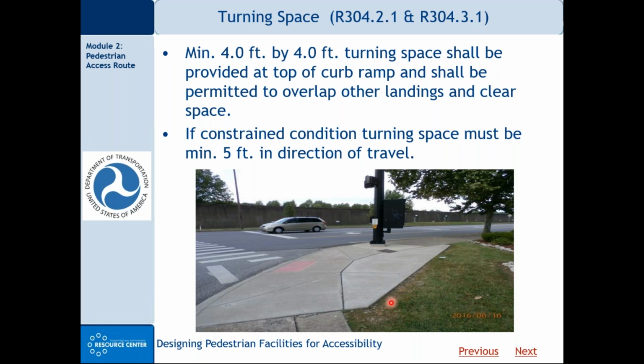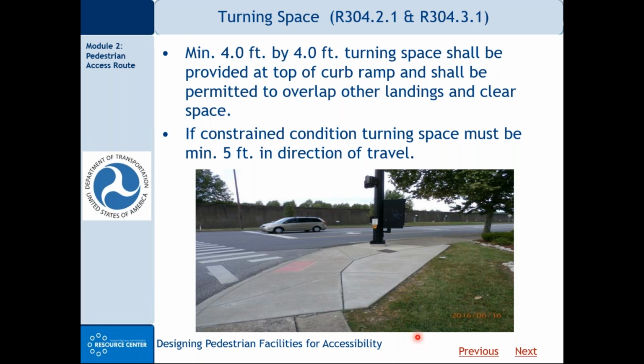That grass is essentially flush with the sidewalk, more or less. That would be called an unconstrained condition. Someone in a manual wheelchair coming up the ramp, the footrest on that chair can actually go out over the grass. So they could turn in a 4-foot by 4-foot turning space. So this is an example of an unconstrained condition, and that turning space could be 4 by 4.